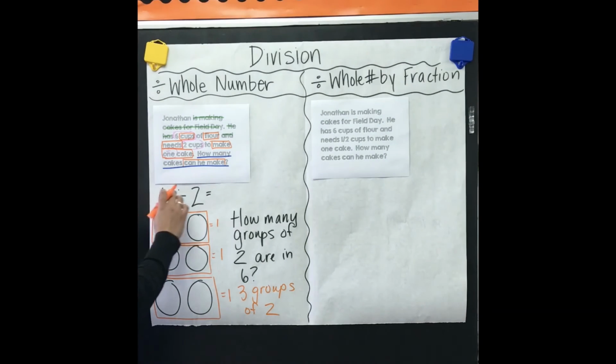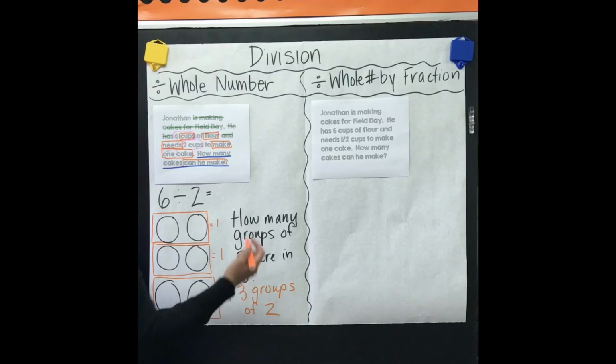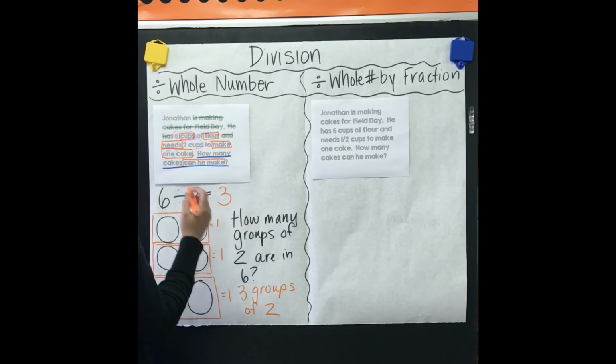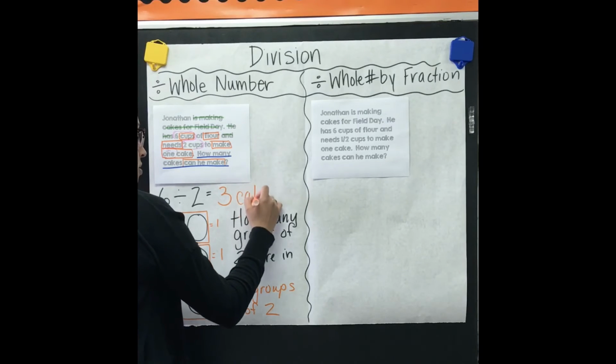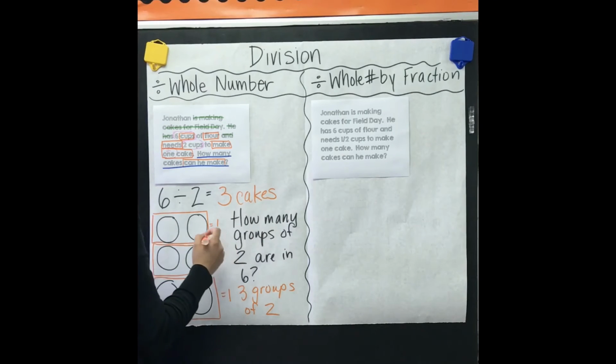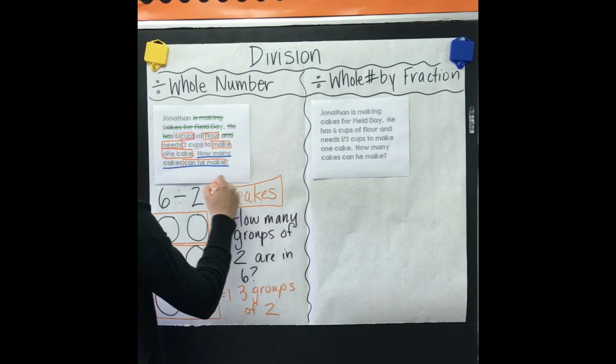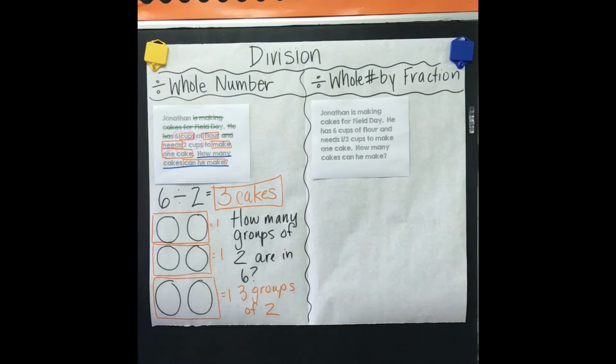And 6 divided by 2 equals 3. So Jonathan can make 3 cakes with his 6 cups of flour. That's how division works. We should know this because we studied it earlier this year and you've been practicing it for a really long time.